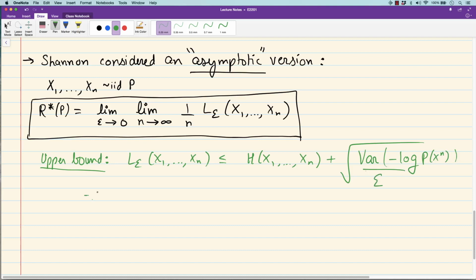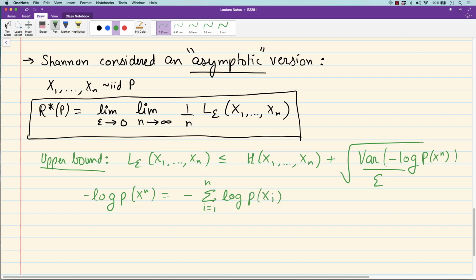Now note that minus log p xn is equal to the summation i equal to 1 to n of minus log p xi.